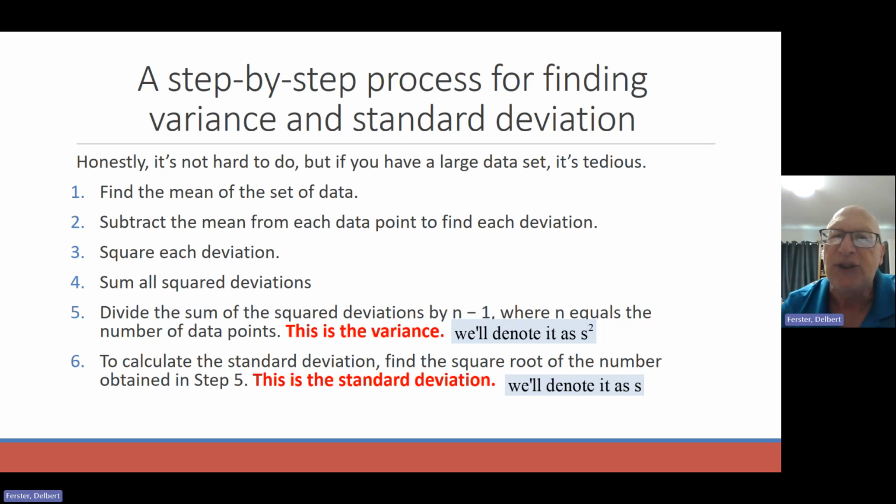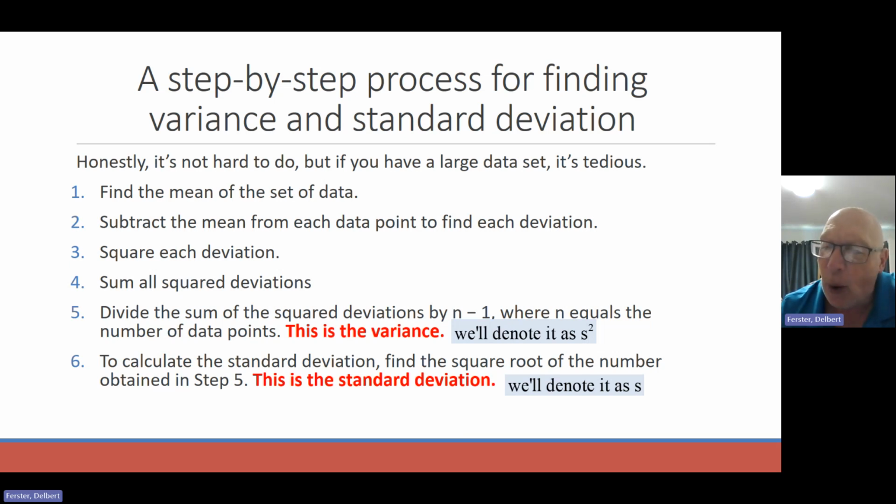So here's the process for you and I to deal with variance and standard deviation. Find the mean, subtract the mean. So basically find the deviation for each data point, square those deviations, sum those squared deviations. Now, the important thing for us to think about here, we're going to be dividing by n minus 1, where n is the number of data points. And in this context, we're finding the sample standard deviation.